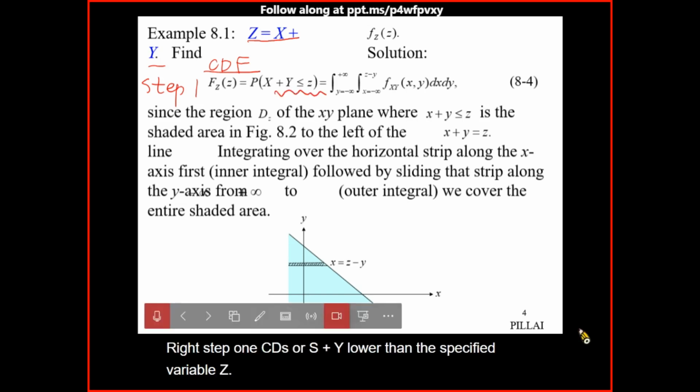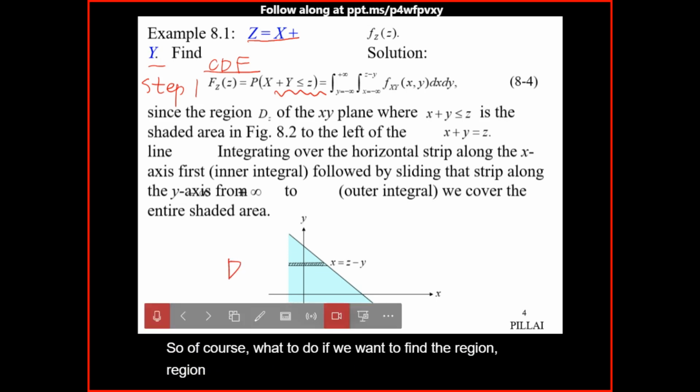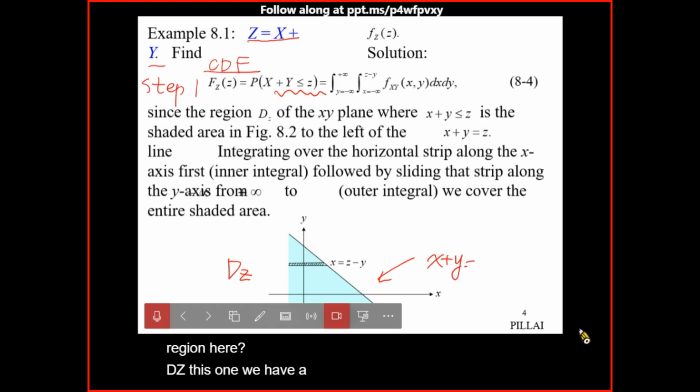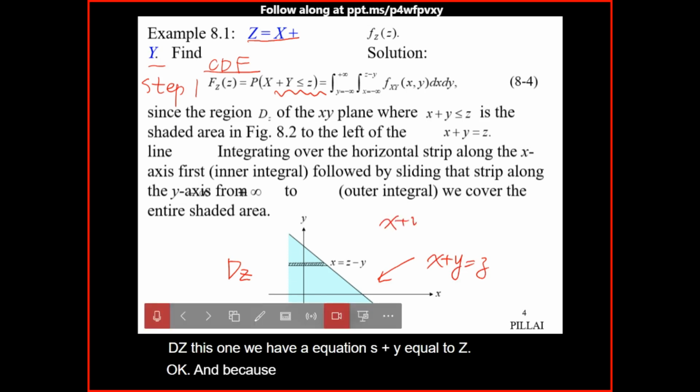So of course, what to do? If we want to find the region here, we have the equation X plus Y equal to z. Because of this, X plus Y lower than or equal to z.